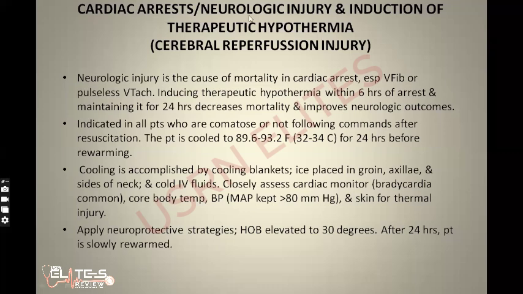So it means we induce a low temperature for you in a way to treat you. Over here, we are only relating it to cardiac arrest. It can be related to other things, but it's more common during cardiac arrest, like the example I just gave. And I think most of us can relate.